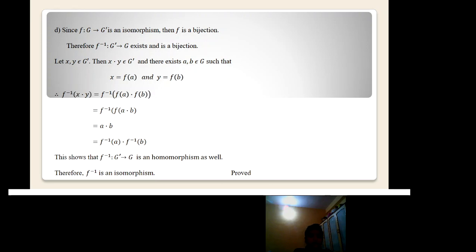Therefore, f inverse of x into y equals f inverse of f of a into f of b, which equals f inverse of f of a into b. Now by the cancellation rule, f inverse and f cancel, giving a into b, which equals f inverse of x into f inverse of y. This shows that f inverse from G dash to G is a homomorphism as well. Therefore, f inverse is an isomorphism.